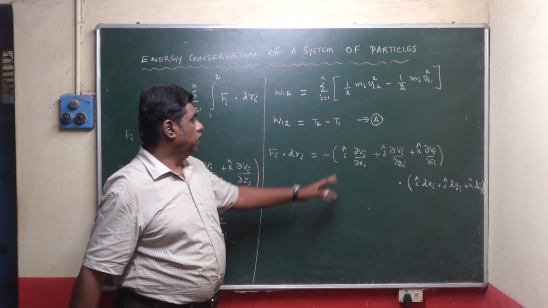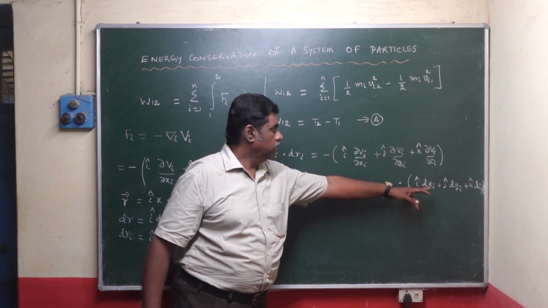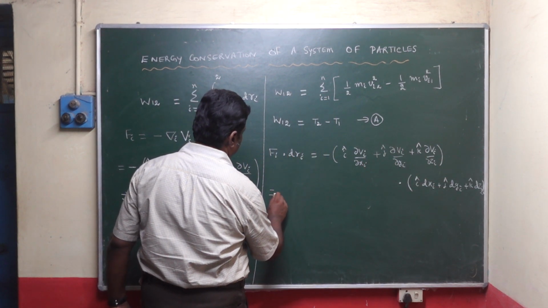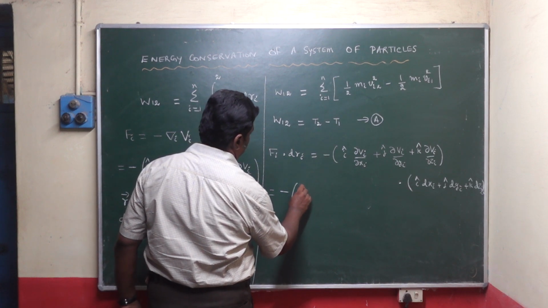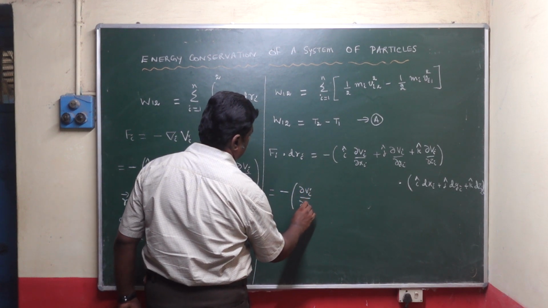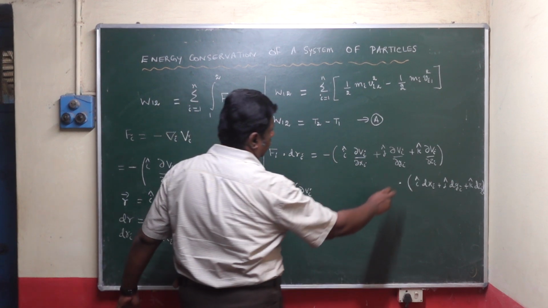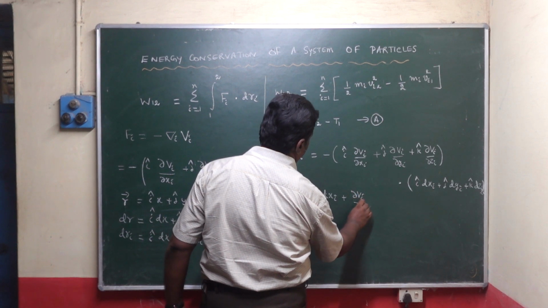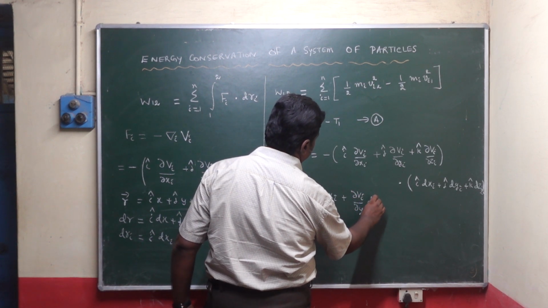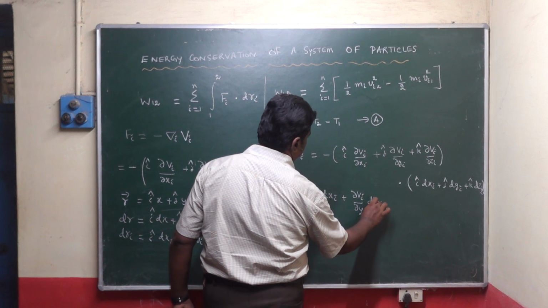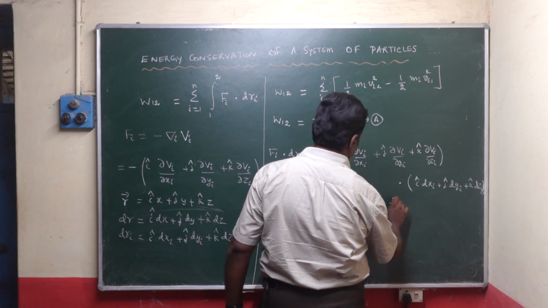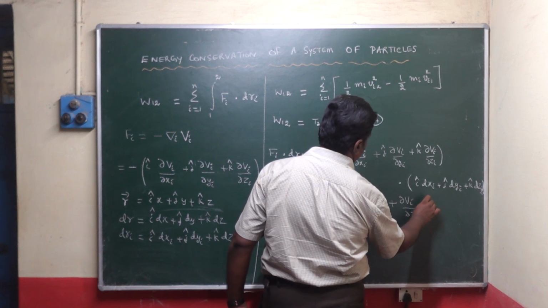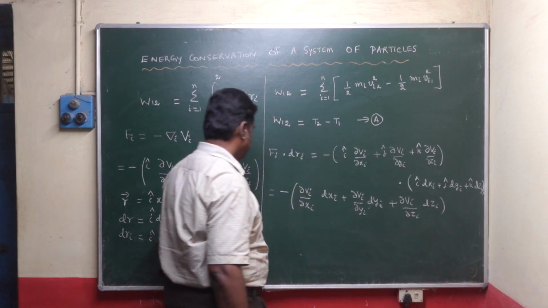Now you have to take the dot product: i·i is 1, j·j is 1, k·k is 1, and all other terms vanish. So this is equal to minus ∂Vi/∂xi dxi plus ∂Vi/∂yi dyi plus ∂Vi/∂zi dzi.